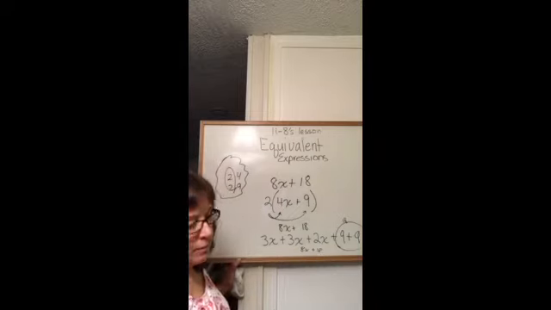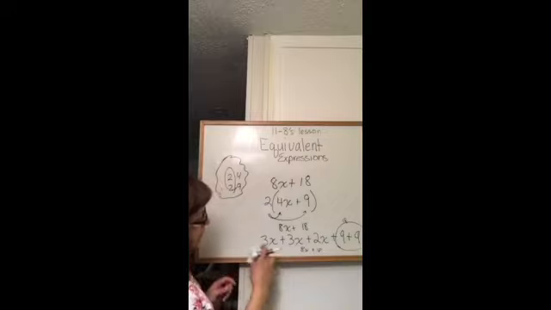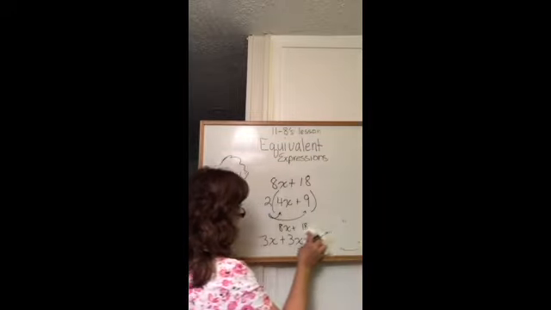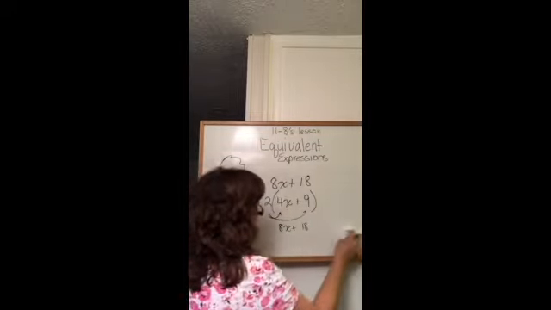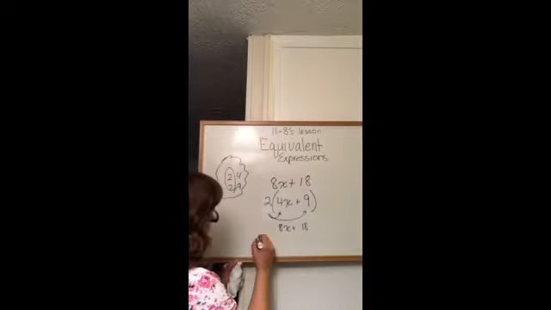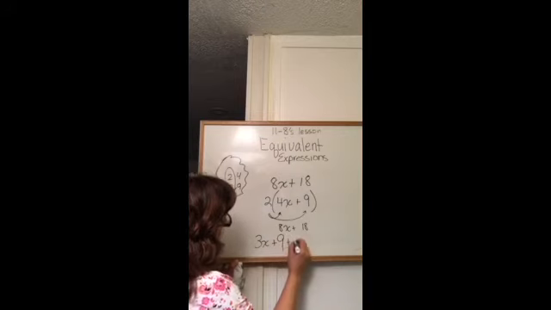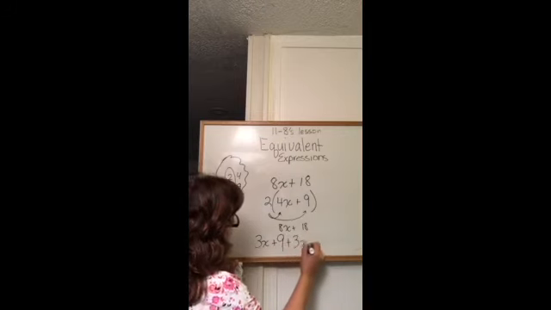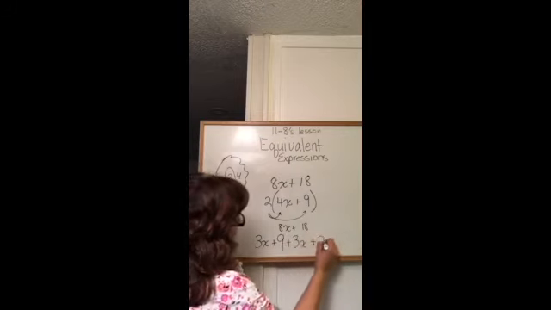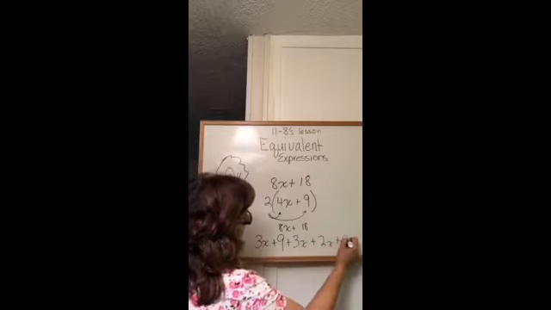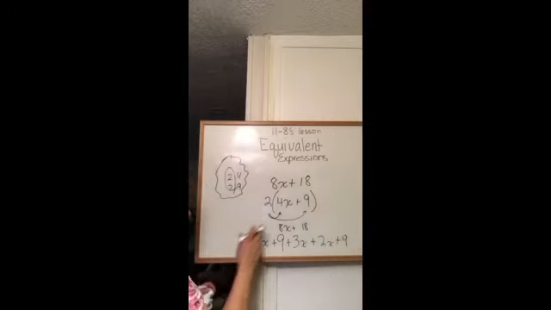They're being tricky. Now, instead of doing it this way, watch. What if I did it this way? 3x plus 9 plus 3x plus 2x plus 9. Is that expression the same as that?